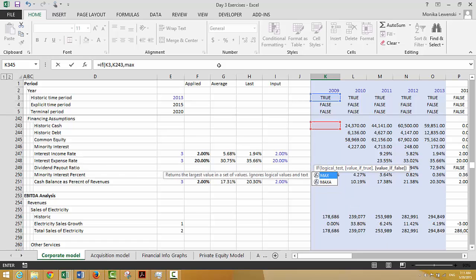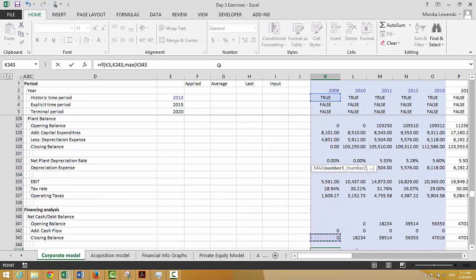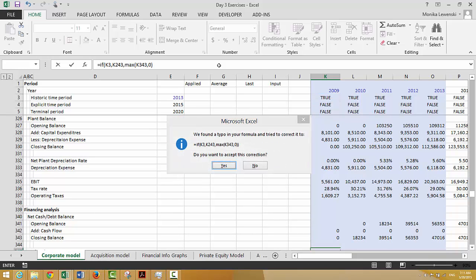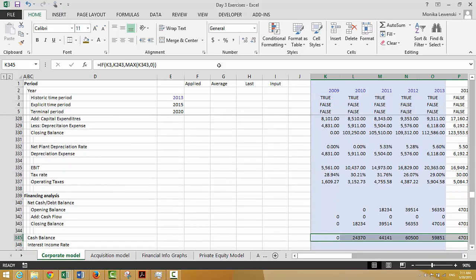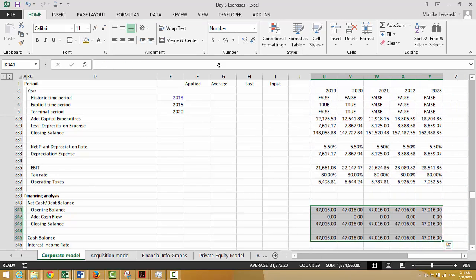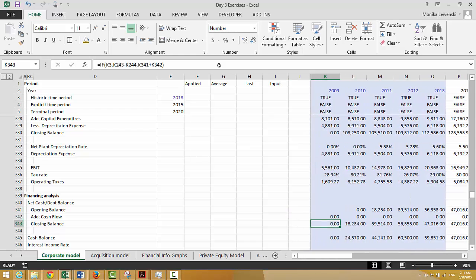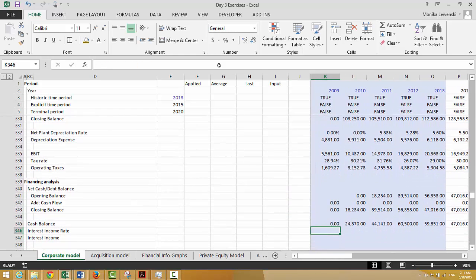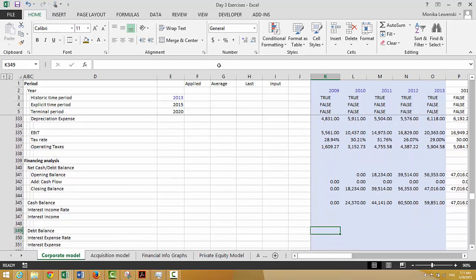Otherwise, we'll use maximum of the bottom or zero. Now, I would strongly suggest, instead of trying to get really fancy with all your financing, I would strongly suggest when you make your first cut at the model, keep the financing as simple as possible. Now, let's just leave that out.